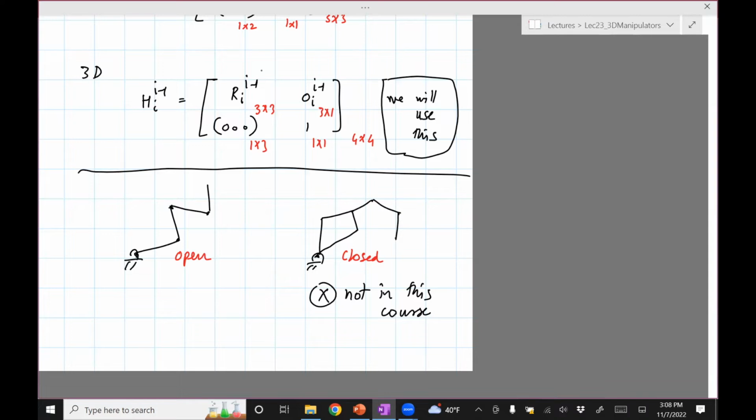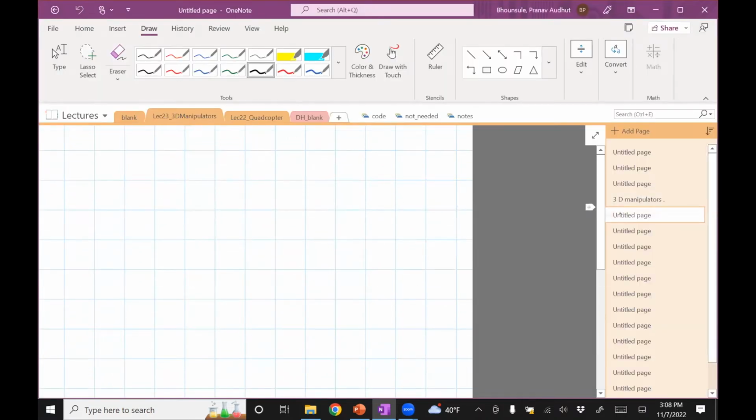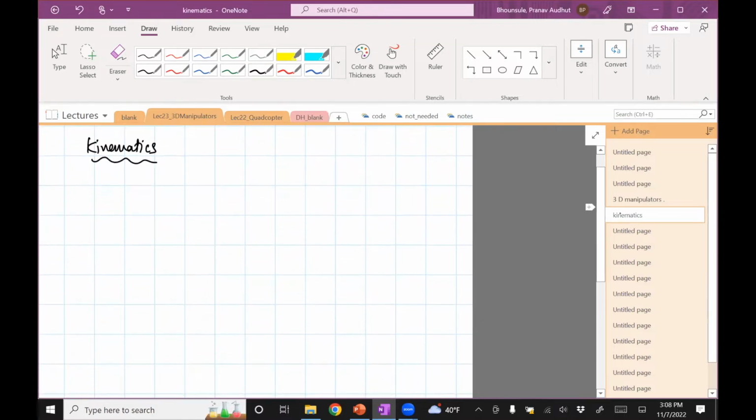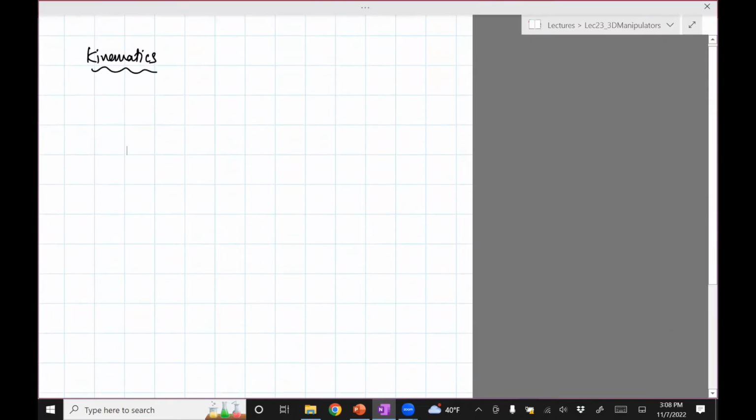So let's develop some terminology for 3D manipulators, and then we'll use the 3D manipulators with this homogeneous matrix to write the kinematics. Okay, I'm going to show it as a planar manipulator, but there's no reason why it is planar. It could be that the axes are not along the z, but along the x or y.